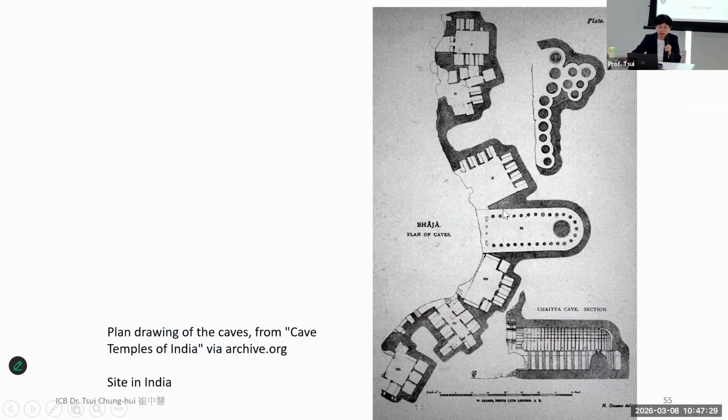The vihara caves were used for meditation. Chaitya caves were used for walking meditation and worshiping the Buddha. So in the group of caves in India, we can see the prototype of the cave architecture.